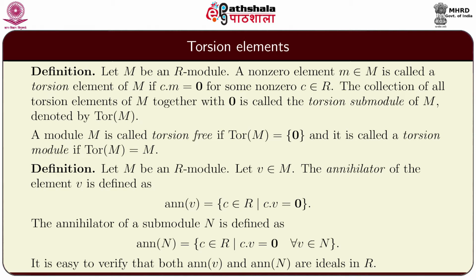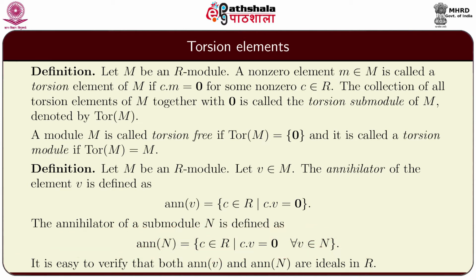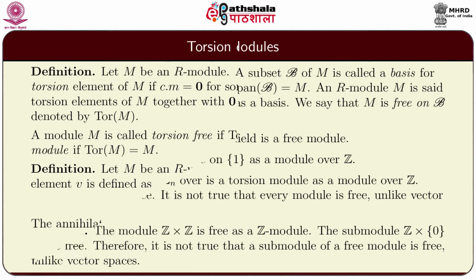The annihilator of a submodule N is defined as Ann N, that is the collection of c in R such that c dot v is 0 for all v in the submodule N. It is easy to verify that both Ann v and Ann N are ideals in the ring R.